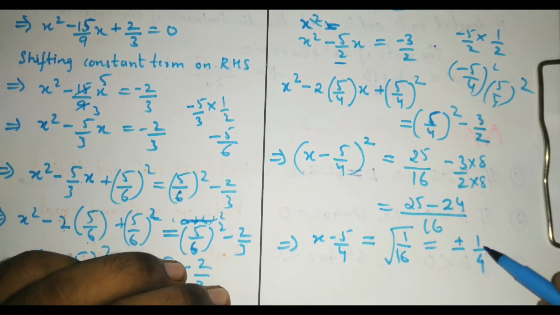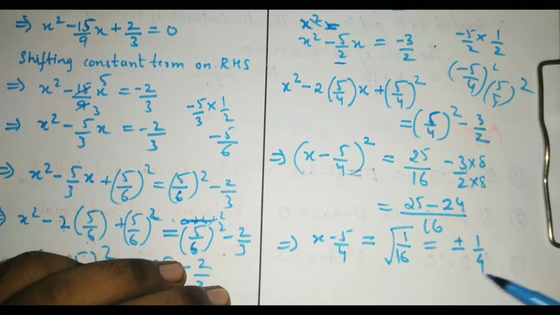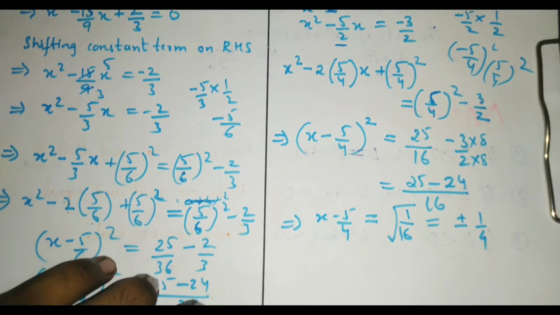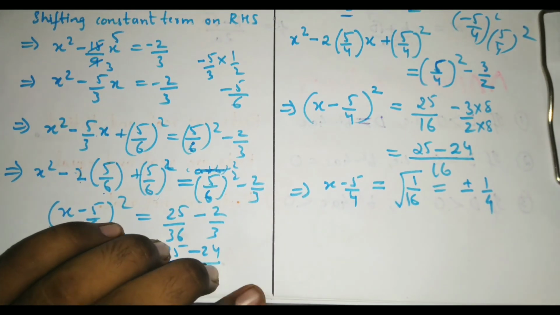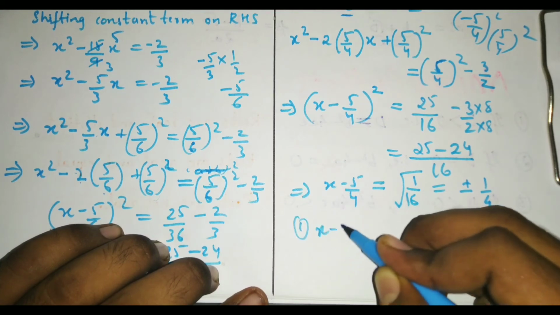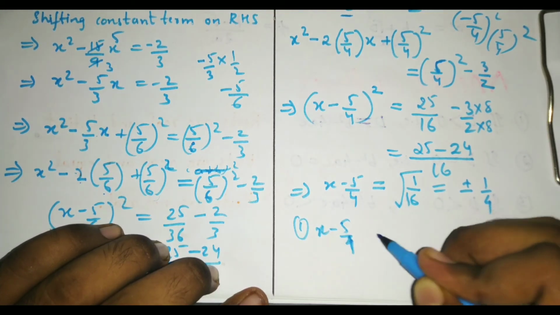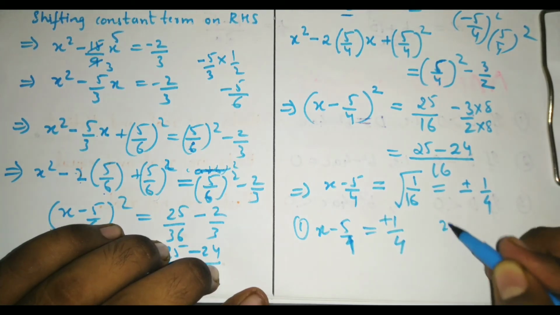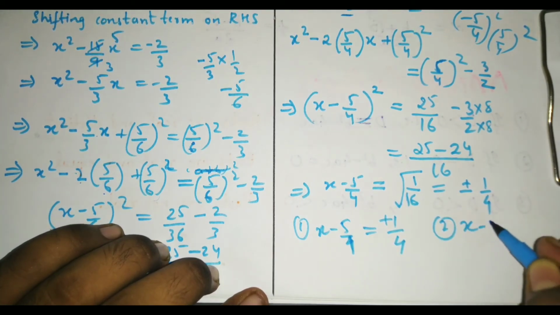The square root of 1 is 1 only, and the square root of 16 is 4. So you have to keep plus or minus. There are two conditions here. The first condition is x minus 5 by 4 equals positive 1 by 4, and the second condition is x minus 5 by 4 equals minus 1 by 4.